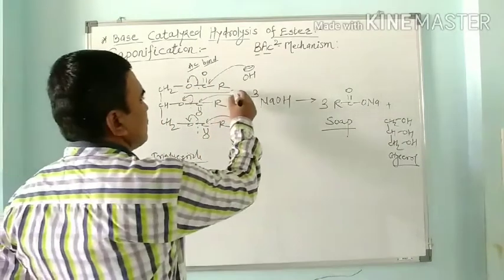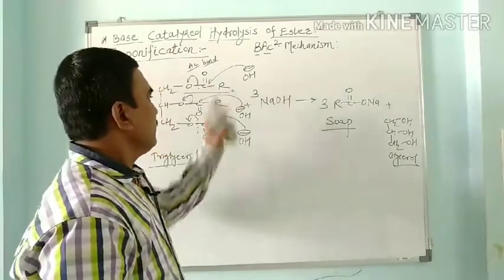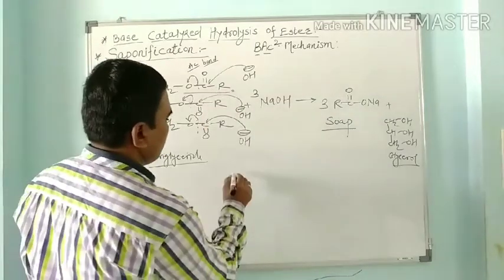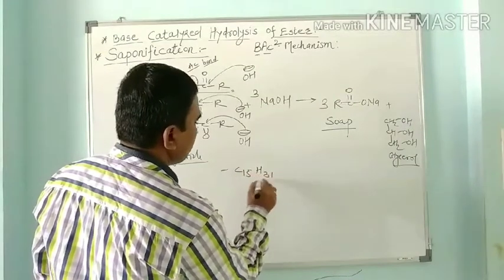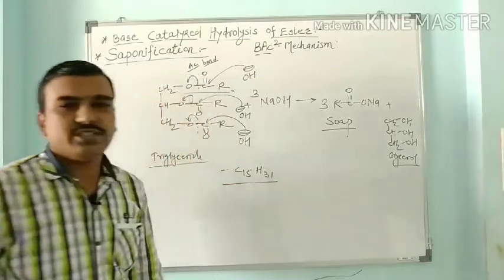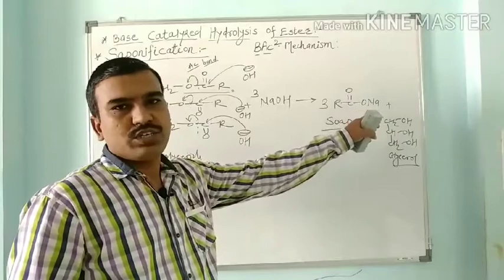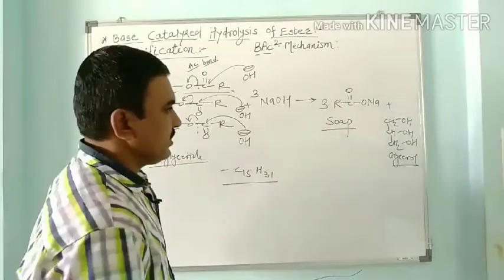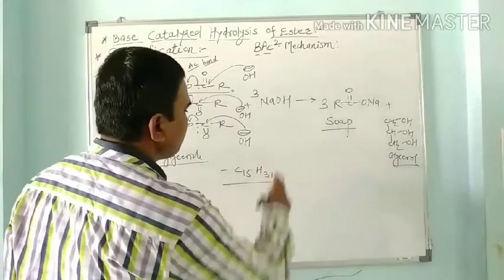Now if this R has the nature C15H31, then it is called palmitate. This soap is nothing but sodium palmitate because this is palmitic acid.